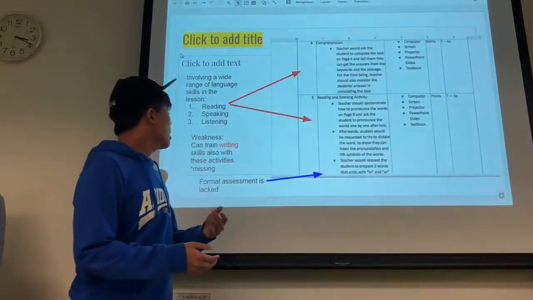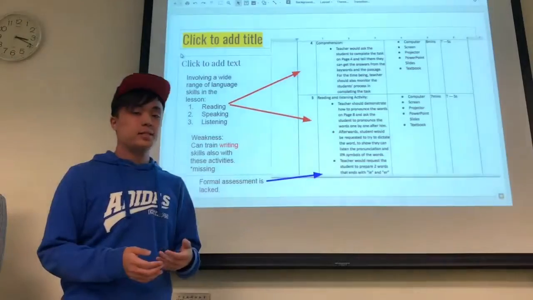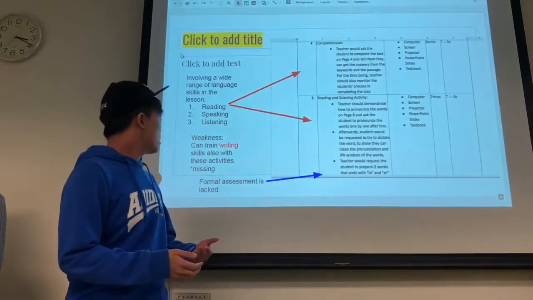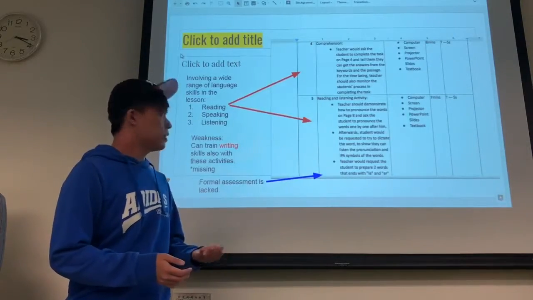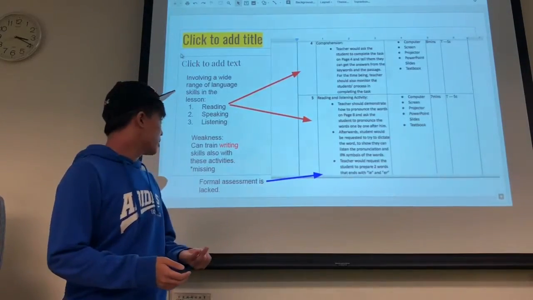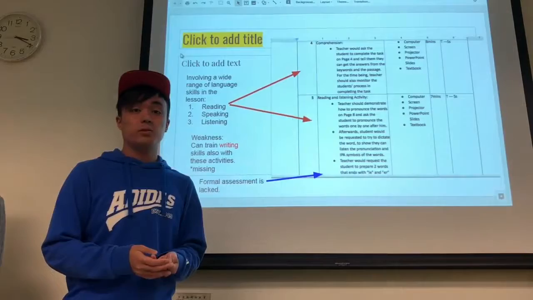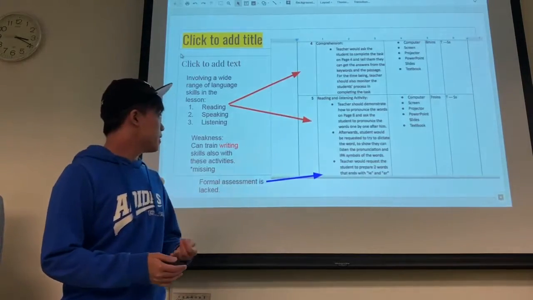Another strength is that the lesson also includes a wide range of language skills that can be trained. The first ones are reading, speaking, and listening. So I will now talk about the weaknesses of the lesson.